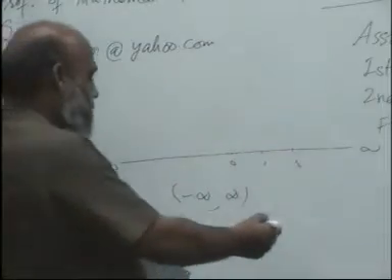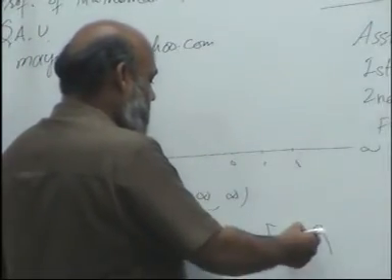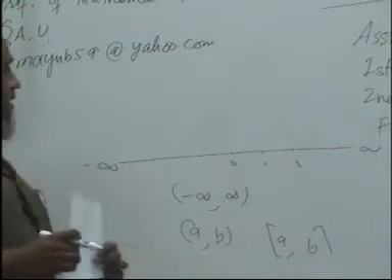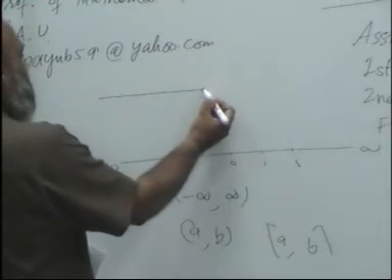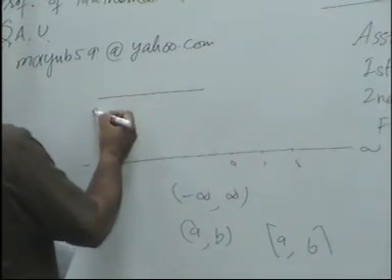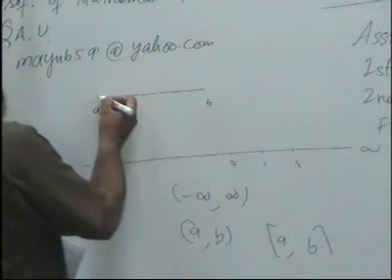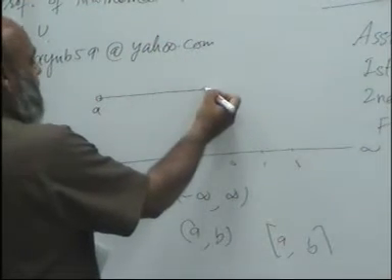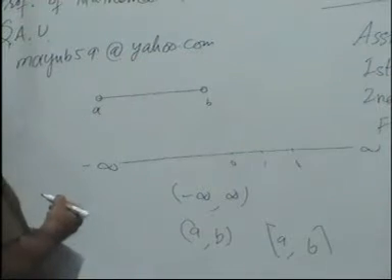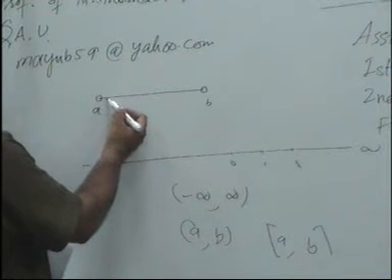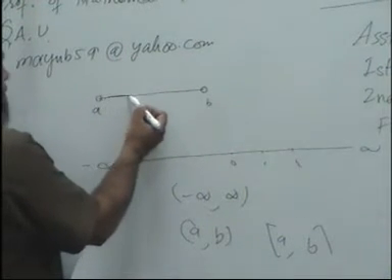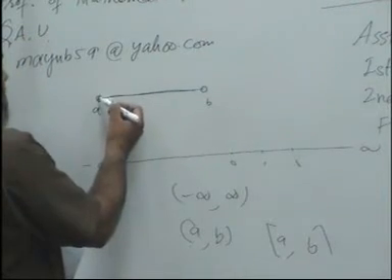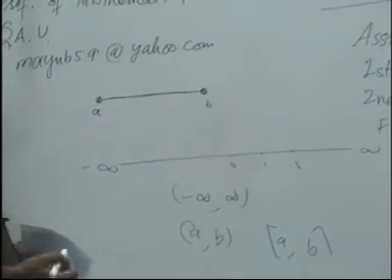And then we have the closed interval a and b, that means we are including these two numbers as well. So the representation, if this is a and this is b, and if we draw a small circle around a and b, then open interval means all these points here, whereas closed interval means we are including these points as well.